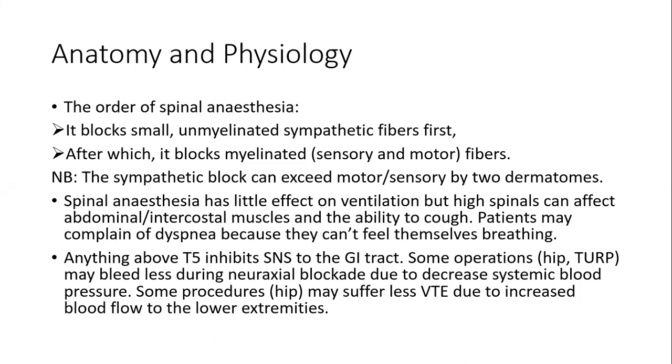And some of them may suffer less DVT, like we mentioned before, due to increased blood flow to the lower extremity. When there's increased blood flow, the risk of thrombus developing and embolizing reduces because there's free flow, which spinal anesthesia, neuraxial block, usually has as an advantage.